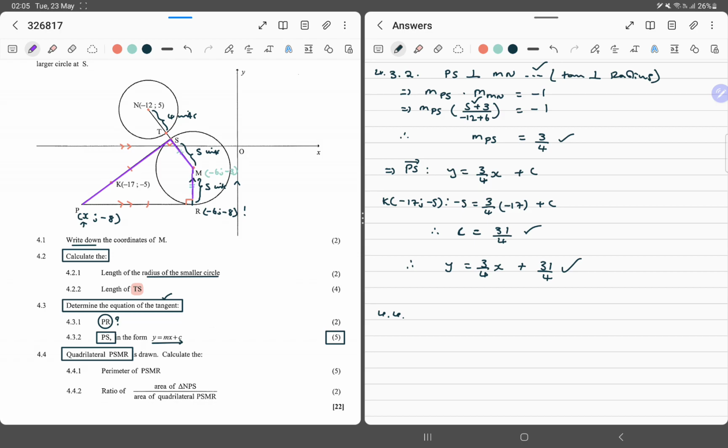PSMR. Okay, this quadrilateral is drawn. Great, so there it is. We can see it. Now it says calculate.